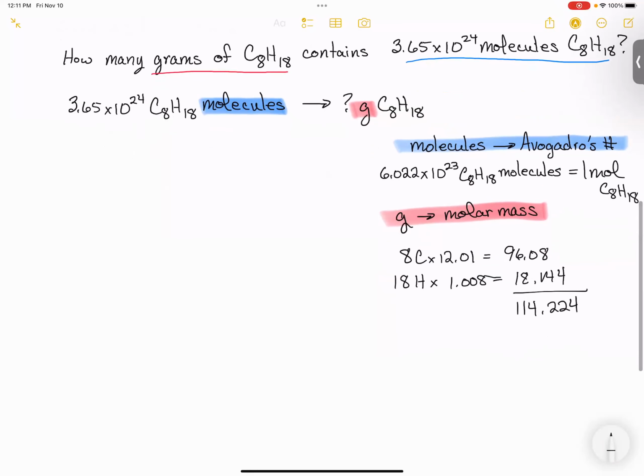That 114.224 grams of the substance is equal to 1 mole of that substance.